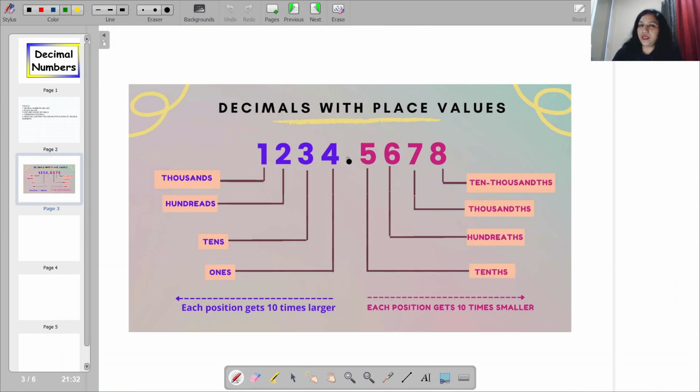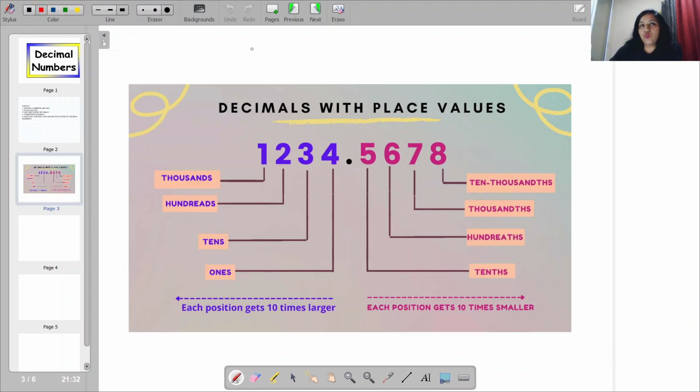You can see the number here. If any number is represented in this form, wherein a dot, this dot being known as the decimal point, is there in between, undoubtedly that is a decimal number. The values on the left of the decimal point are your whole number part. Now, what is the whole number part?